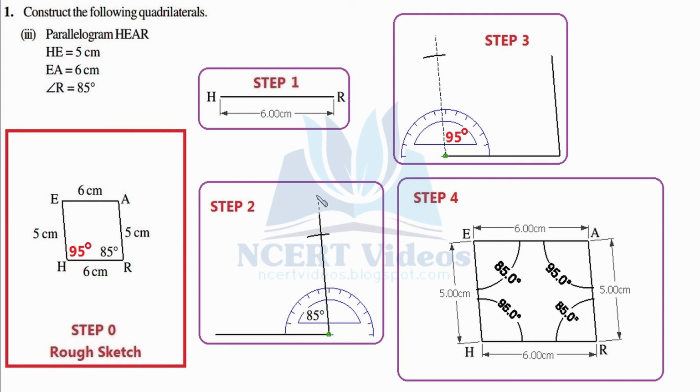We draw a ray. A ray is something which has only its originating point. So we construct it with the help of a ruler and depicted it with dotted lines. Again, we readjusted our compasses at a distance of 5 cm because we know line segment AR distance is equal to 5 cm. So we adjusted our compasses at a distance of 5 cm, put our needle over R and intersected the dotted line that we just constructed earlier.